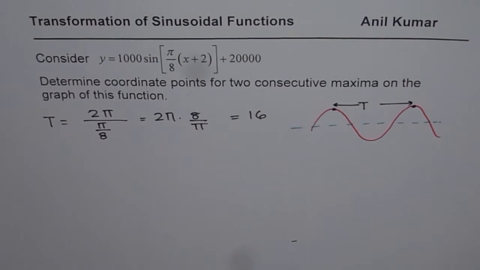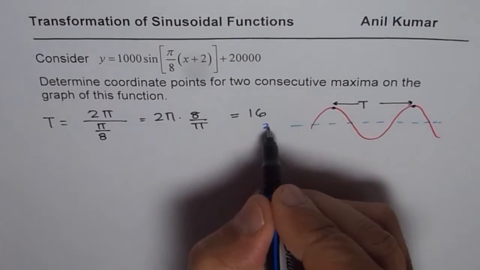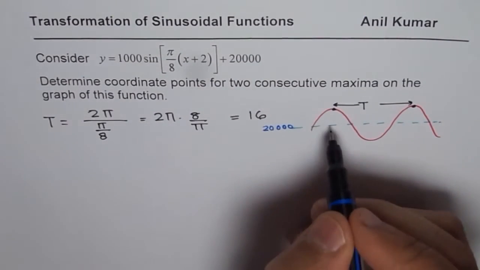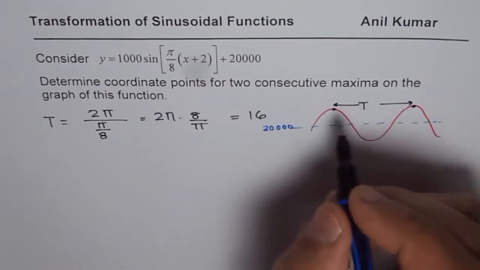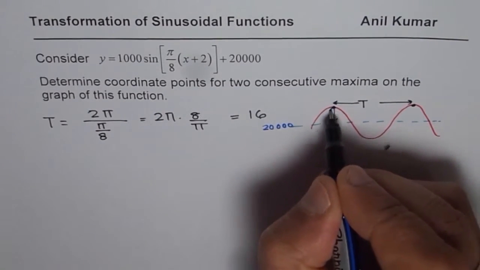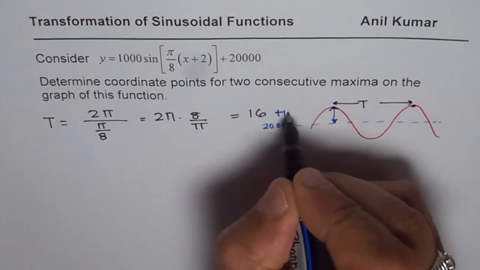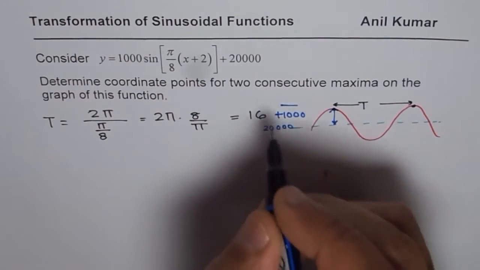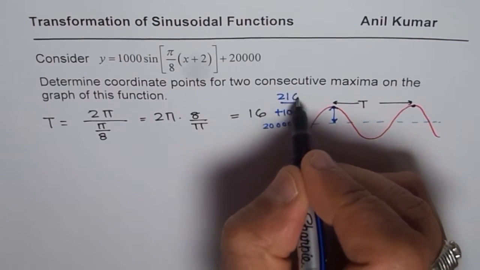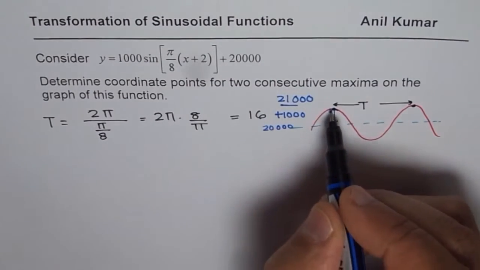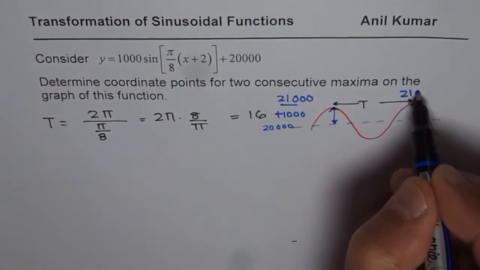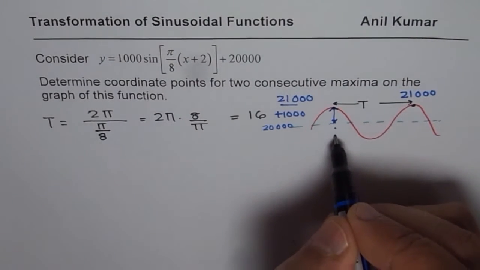So let me write 20,000 here, and from there you can go 1,000 up. That is the amplitude. So this distance here is plus 1,000. So if you add 1,000, you get the maximum point, which clearly is 21,000. So we know the y values for both should be 21,000, but we need to find the x values.